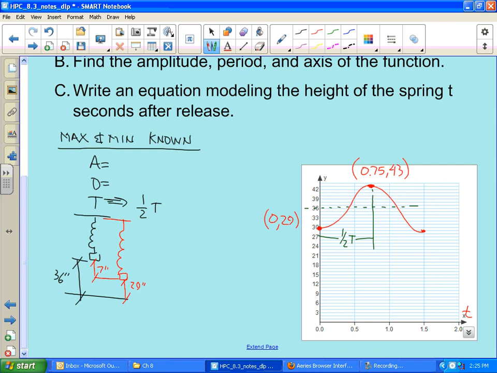Now you know your period. And then from that, we can find our B value. So A, D, and T, just from knowing max and mins. C, I'd have to actually physically get a look at where I'm starting. This one actually doesn't have a C value because I'm starting on the vertical axis. It's not shifted right or left, so it's a cosine curve. I could create it out of sine curves, but we're going with cosine.